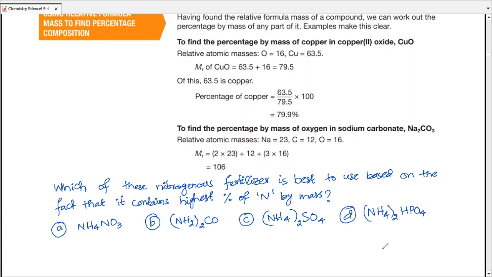So these are all nitrogenous fertilizers. We use them as nutrients for plants, as food for plants, especially for our crops. Now, which one is best to use based on the fact that it contains the highest percentage composition of nitrogen by mass? It's a very simple question. You calculate the nitrogen percentage composition by mass for all of these compounds.